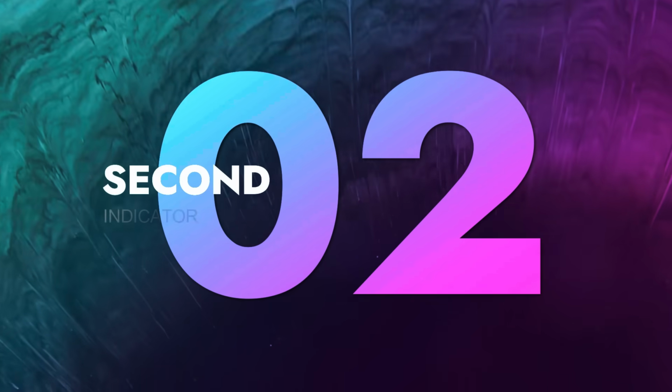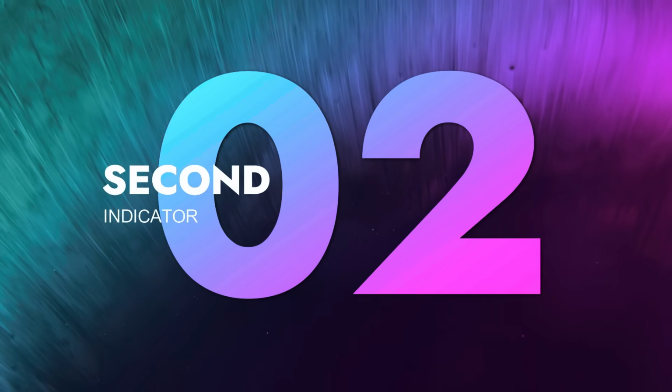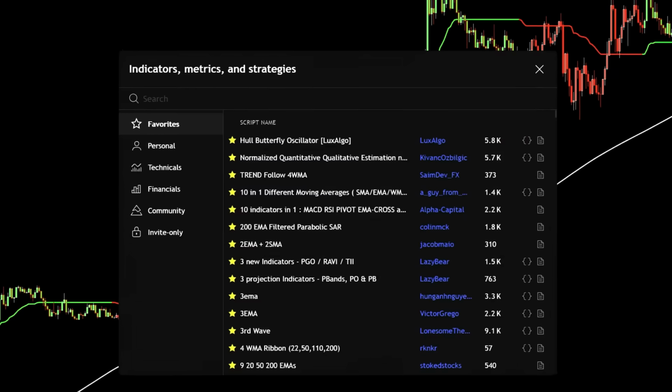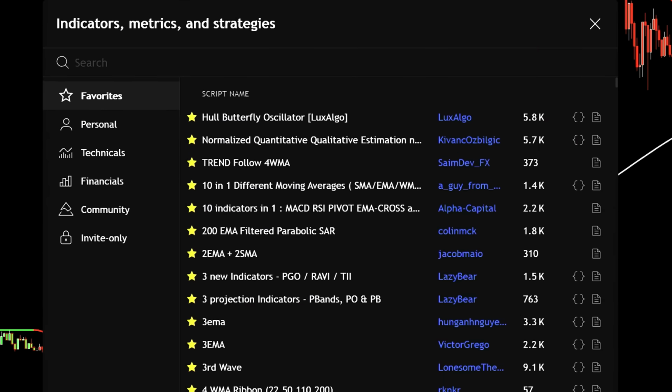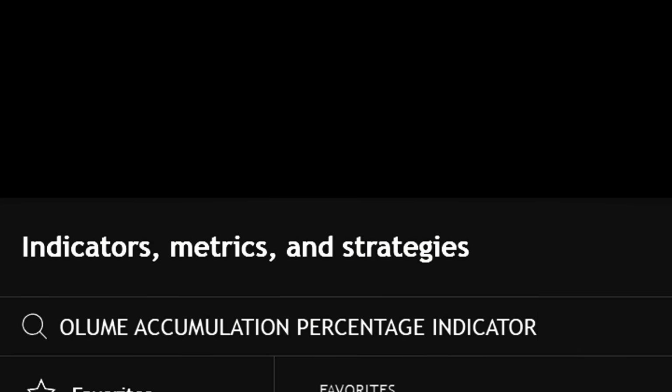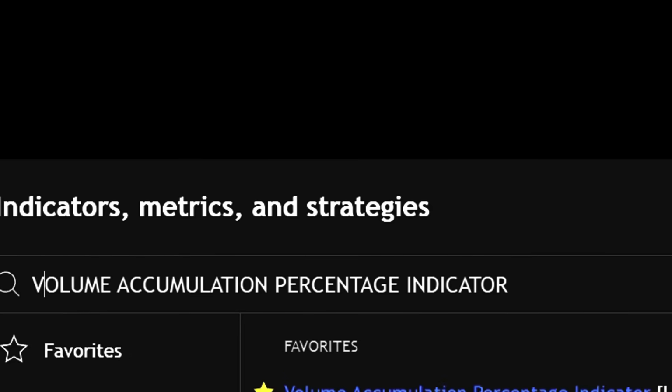Now, to help confirm our idea, we need one more tool. Go back to the indicators and search for volume accumulation percentage. Then click to add it.